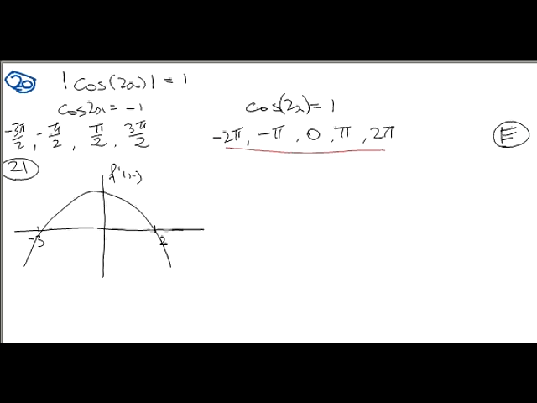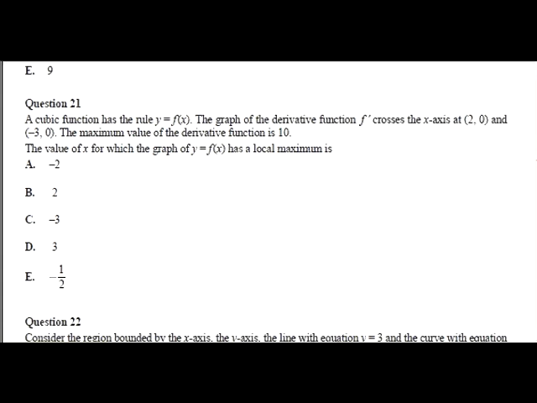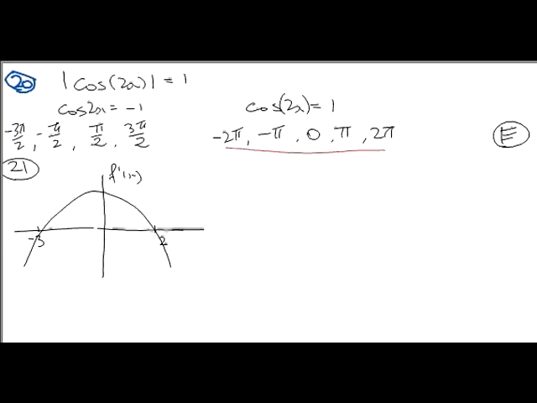Okay, cool. Now it wants to know about the local max. Let's write a little bit about the gradient of this thing. For the section left of minus 3, the gradient is negative, because our line's beneath the x-axis. For the middle section, gradient is positive.